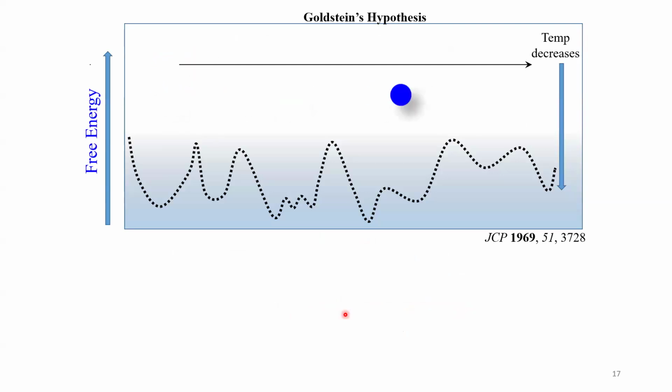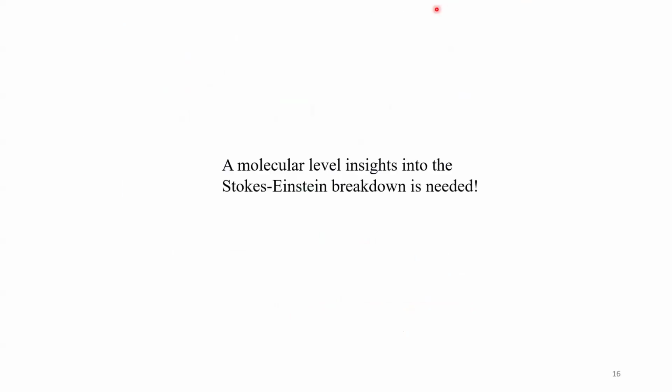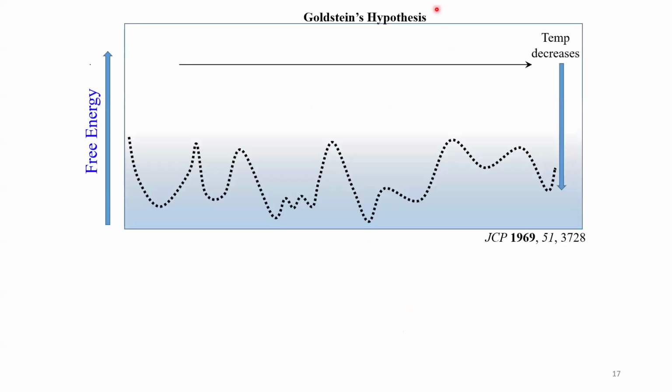So in this paper, you can see this Goldstein hypothesis. What it says is very interesting. It says that there are free energy landscapes, and they are very rugged ones. When the particles move at a very high temperature, you are above these different hills. So it is simple Brownian motion.